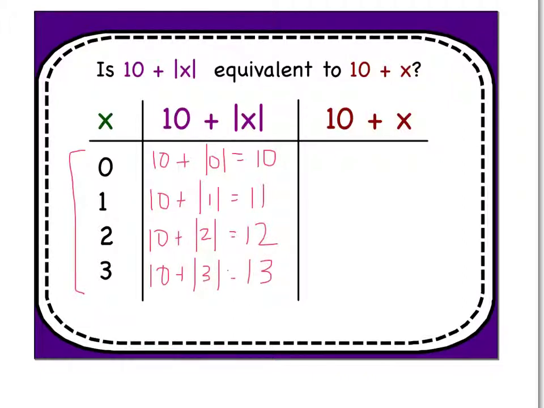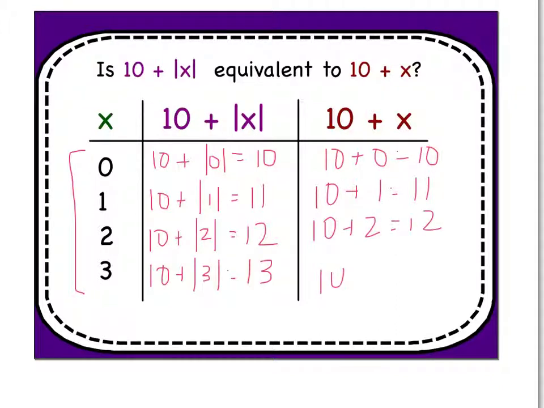Over here, we'd have 10 plus 0, which is 10. 10 plus 1, which is 11. 10 plus 2, which is 12. And 10 plus 3, which is 13. Right now, these expressions look like they are equivalent.